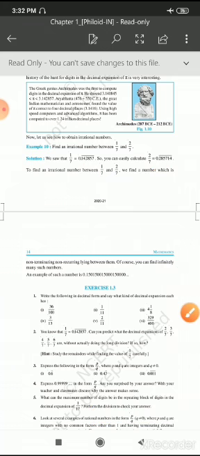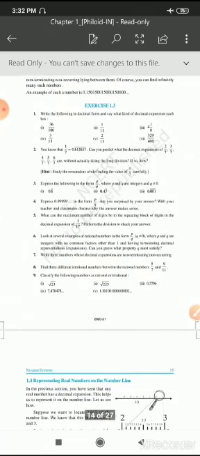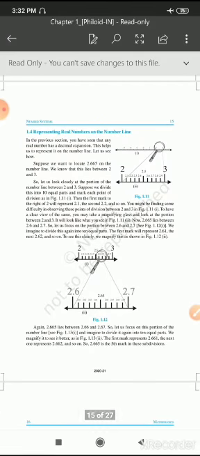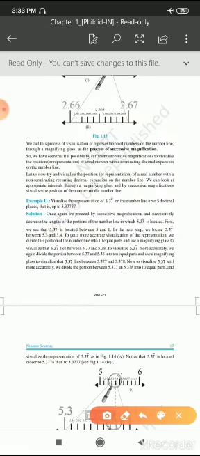Okay children, this exercise is about finding irrational numbers. Next, the representation of real numbers on the number line. How to represent real numbers on the number line? The method of representing real numbers on the number line is called the process of successive magnification.